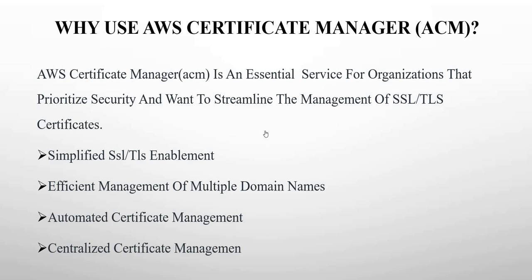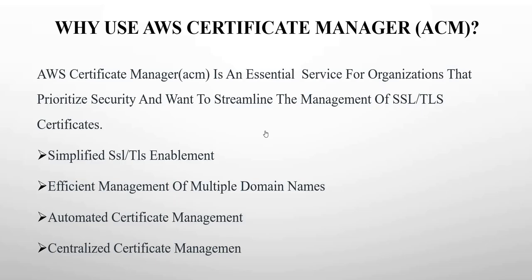Simplified SSL TLS enablement. ACM simplifies the process of activating SSL TLS for websites or applications that are hosted on the AWS infrastructure. So it can be activated for websites or applications, and the manual tasks related to SSL or TLS certificate management are eliminated.